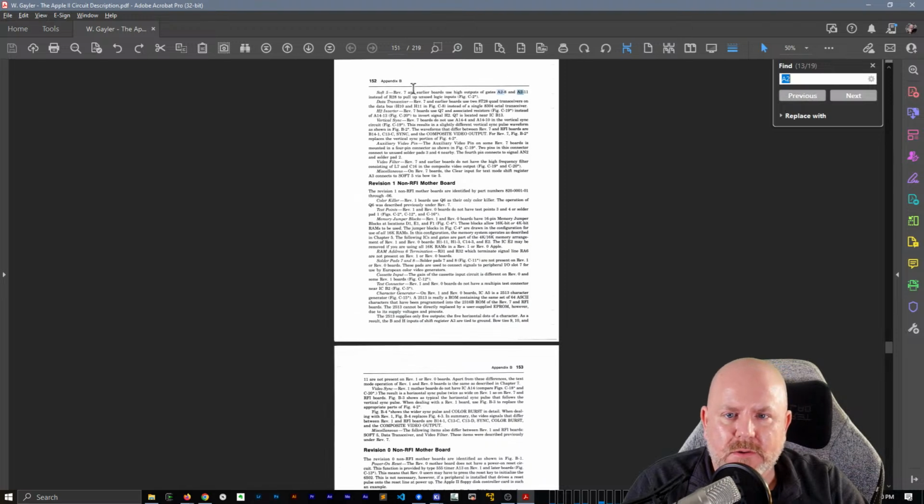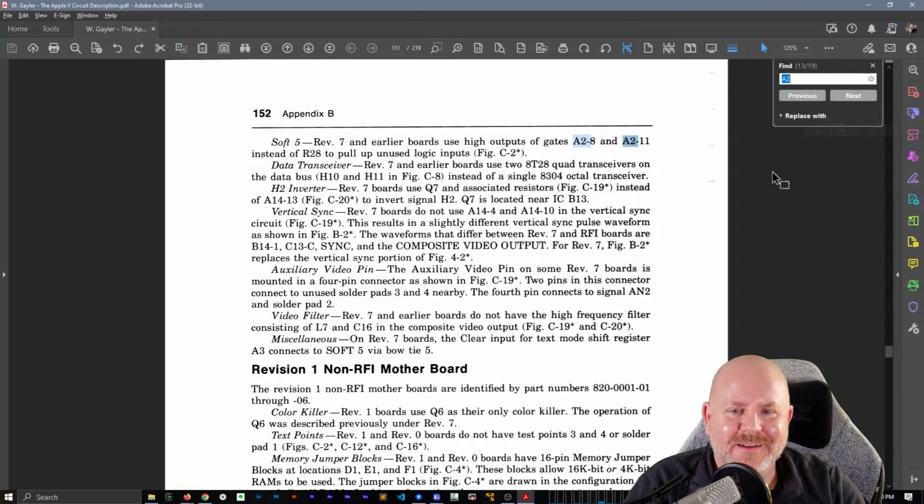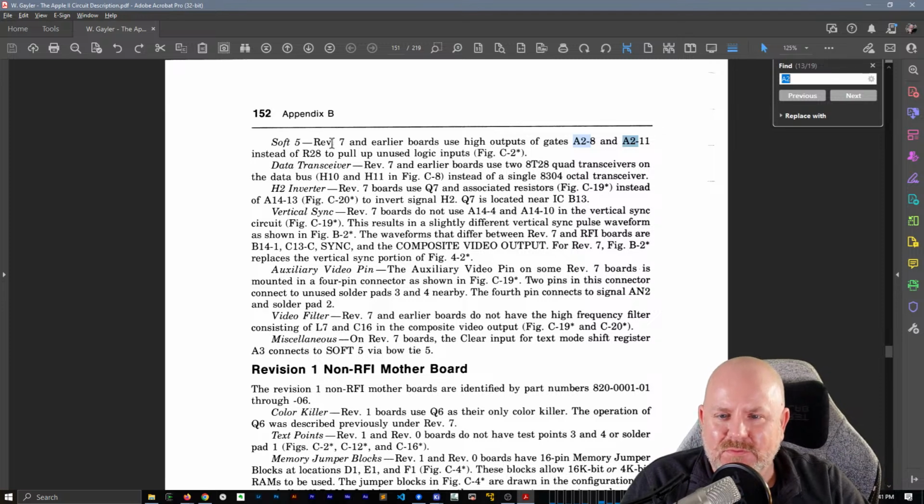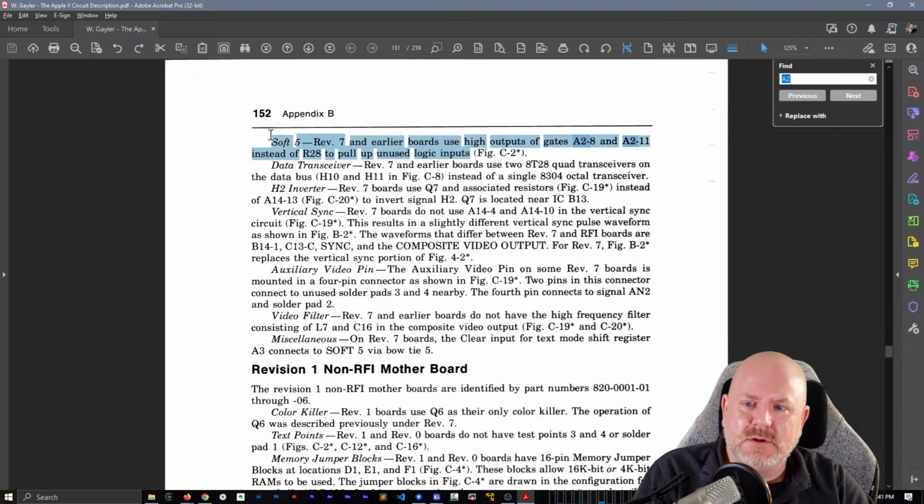Wait, what's this talking about? Hold on. Oh my God, this actually works out. So soft 5, revision 7 and earlier boards use high outputs of gates A2, pin 8 and 11 instead of R28 to pull up unused logic inputs. Okay, hold on.